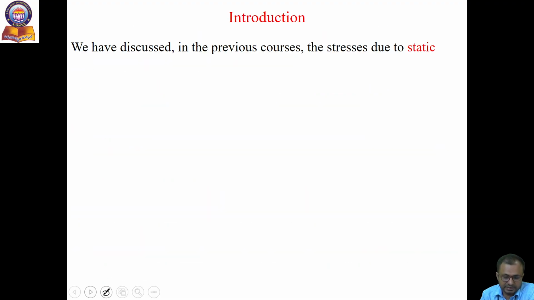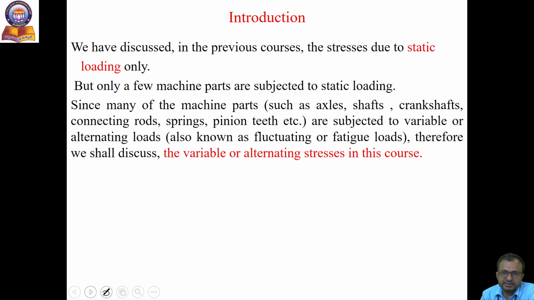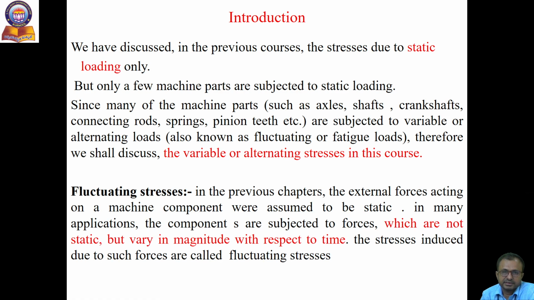Here we discuss the importance of variable loading. Then we go to the terms. In the previous videos, we discussed static loading. Static loading is nothing but the magnitude is fixed, the point of application is fixed, and the direction is also fixed with respect to time.